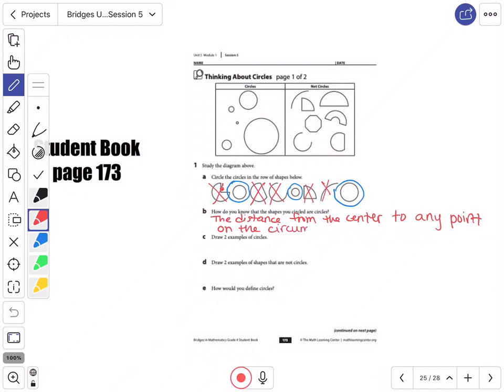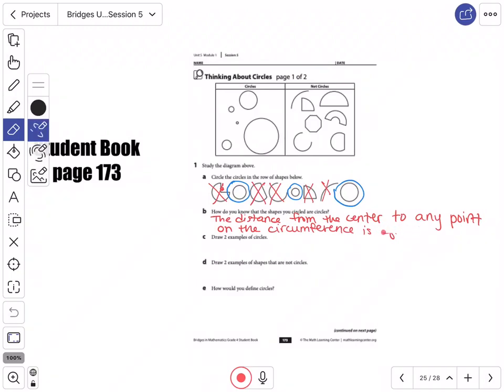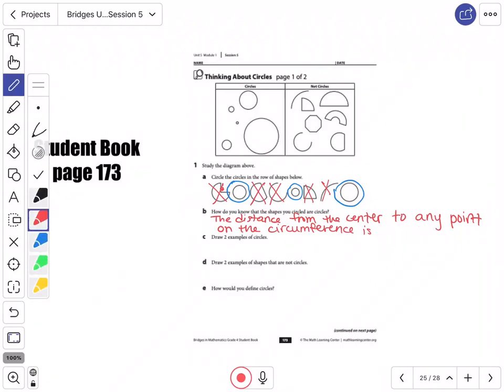Let me go ahead and erase that. Meaning that anywhere I were to look at this circle from the center, it's going to be equal, right?